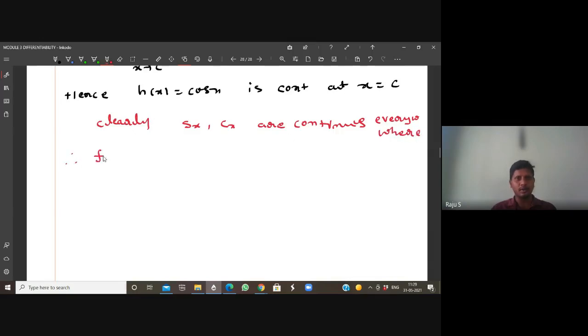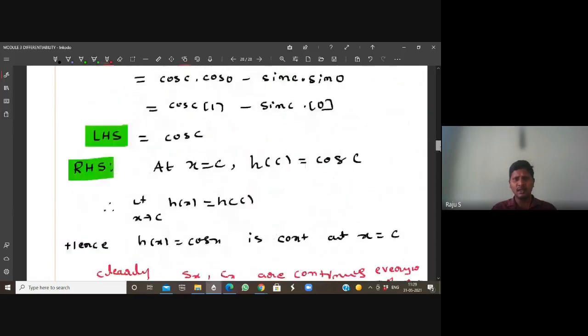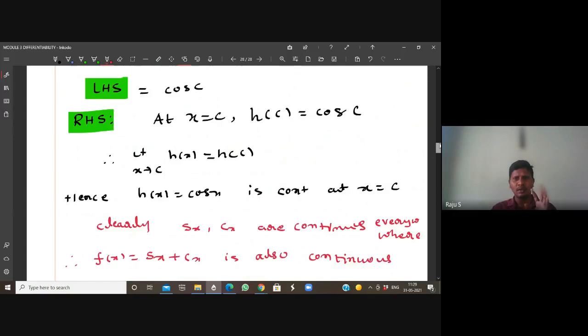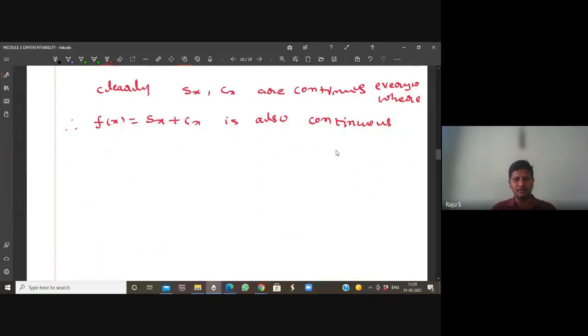Therefore f of x equal to sin x plus cos x is also continuous. That's it. Okay, for any question given which is related to sin and cos, first you should prove that sin x is continuous, cos x is continuous, like that. After that, for their sum you can write directly that it is continuous.